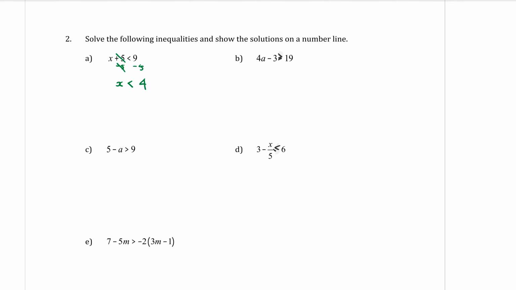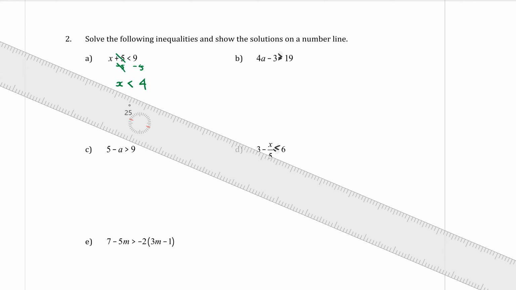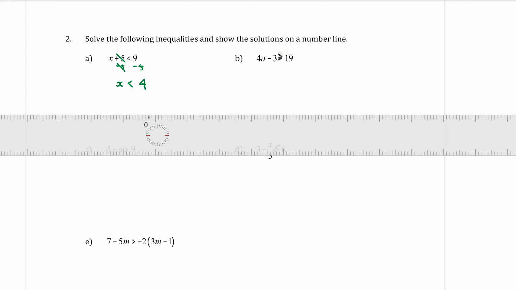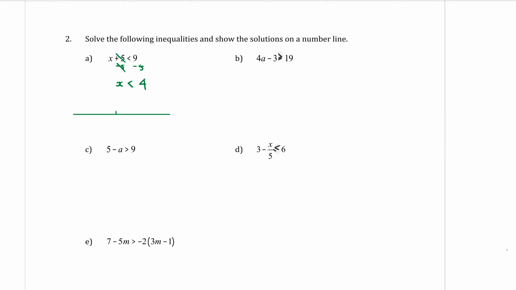Now when you draw, that's the solution, solved it. When you draw it, you should use a ruler. These are little number lines, they're graphs. So you use a ruler, and when you multiply or divide by a negative, we'll get to some of those. And you should also measure a few spaces. You only need 3 spaces, 3 lines.